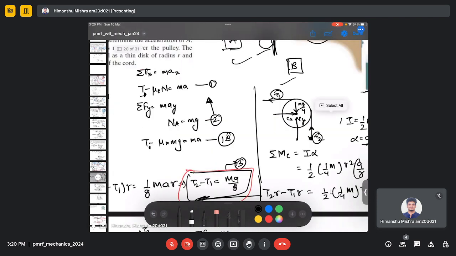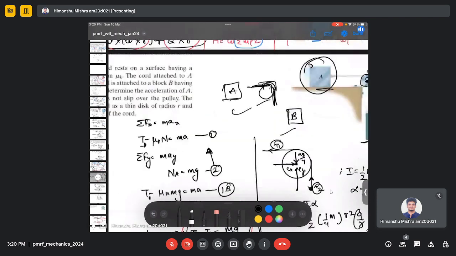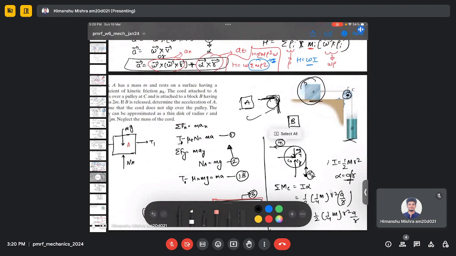So just to recap, we have given a system where we have two blocks, A and B, attached by a pulley, and we have given the mass of that pulley and the mass of blocks A and B, and we need to find the acceleration of the given system. Now since these two blocks are attached with each other by a cord, the acceleration will be the same.